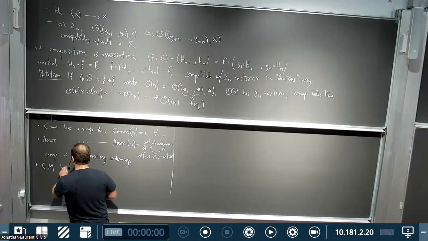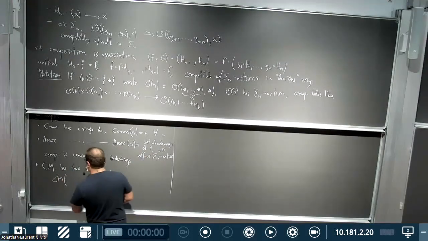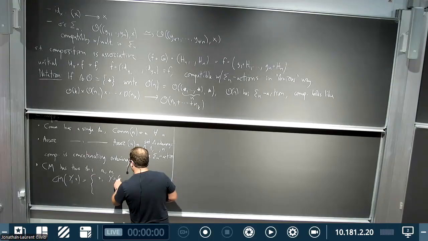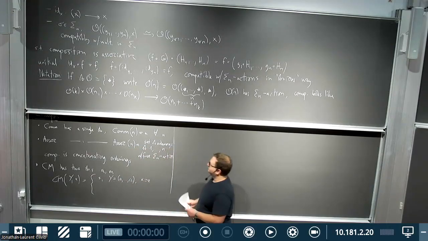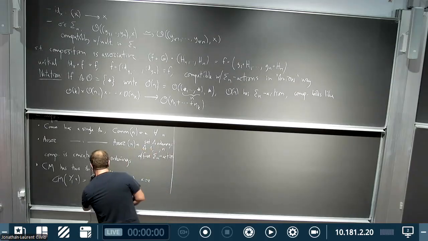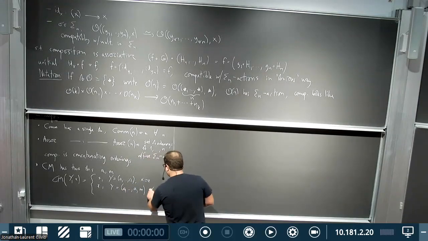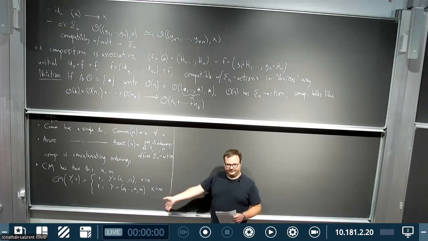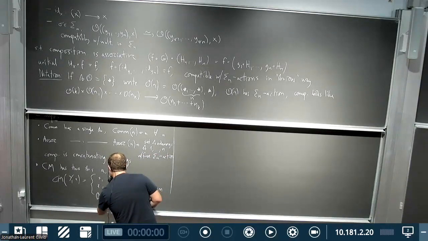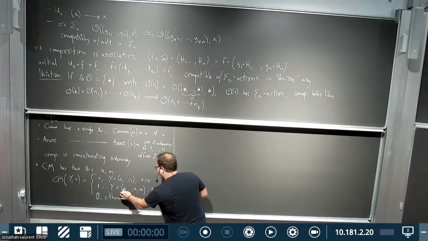This will have two objects, A and M, and then the operations from Y to X will be this unique one if Y is all A's and X is A. So if you look at that single object A, you get a copy of the commutative operad. But there's also an operation if I have a bunch of A's and a single M, with output M. These operations are supposed to equal the action of the algebra on the module M. If I have something that's not of that form, I don't have anything. I should say the inputs are of this form up to a permutation.